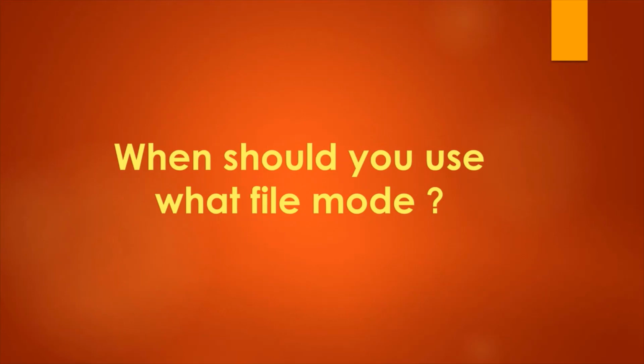If it is a text file, then you can go for R mode, and if it is a binary file, then you can go for RB. So this way you have to choose what file mode you want to open. It is just fairly your choice.